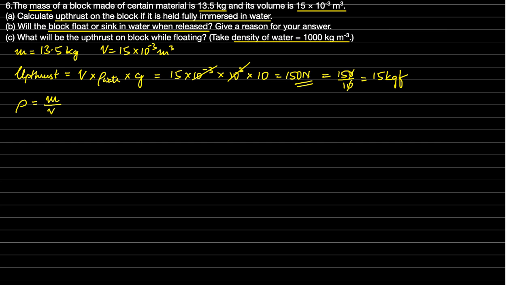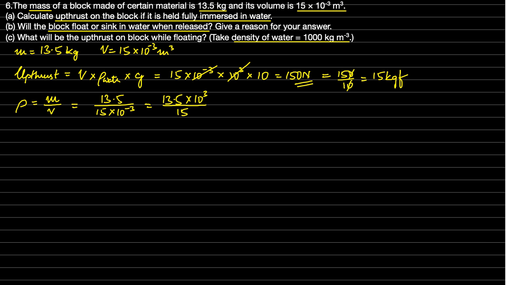So mass is nothing but 13.5 divided by 15 into 10 to the power of minus 3. 10 to the power of minus 3 goes to the numerator and becomes 10 to the power of plus 3. So we get 13.5 into 10 to the power of plus 3 divided by 15.